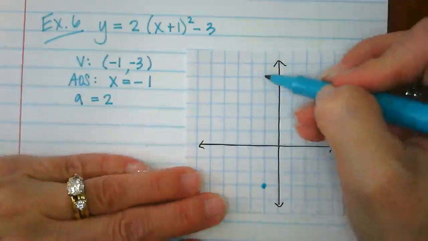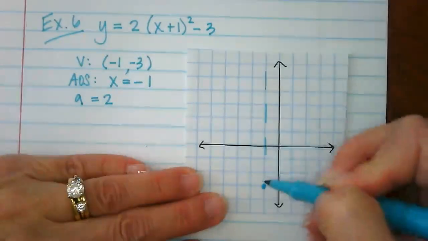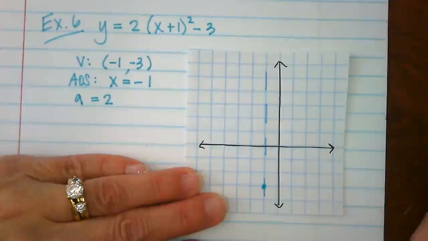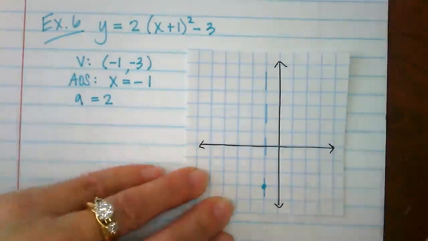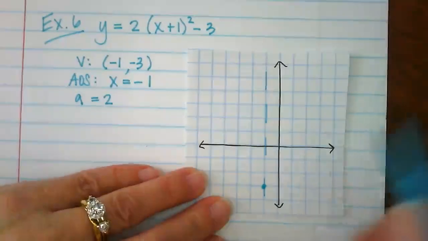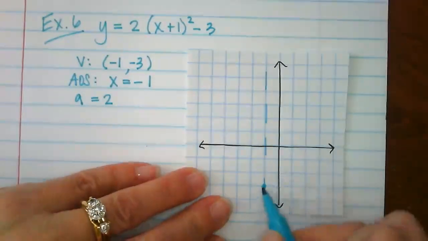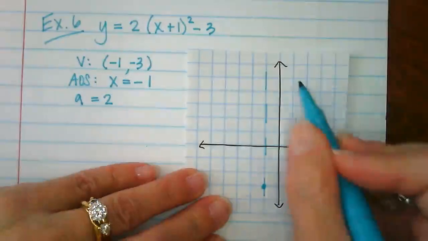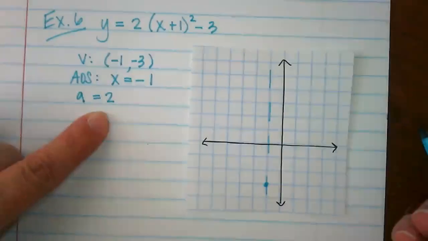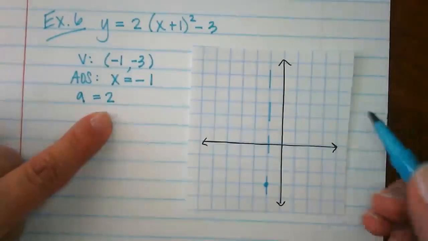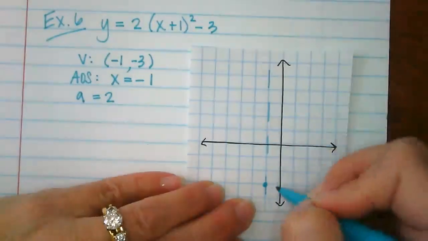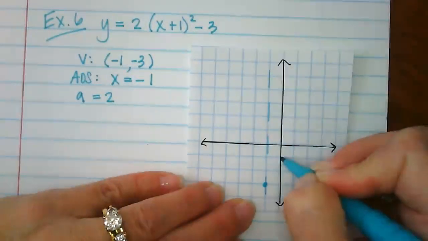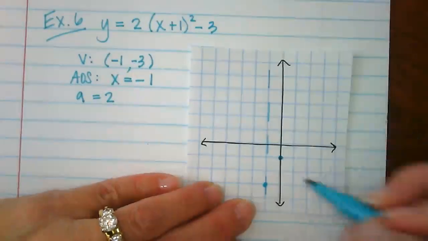I know that the axis of symmetry is a vertical line. It's imaginary, that's why I'm making it dashed. Now if I was doing a normal parabola, I would go over 1, up 1, over 2, up 4, over 3, up 9. But I'm not doing a normal parabola. I'm doing a parabola that's 2 times taller. So instead of going over 1 and up 1, I'm going to go over 1 and up 2.